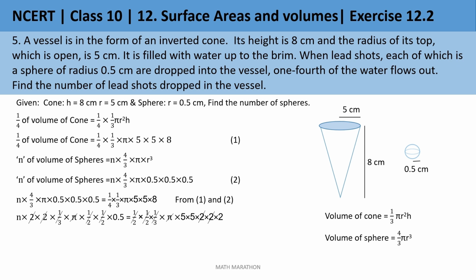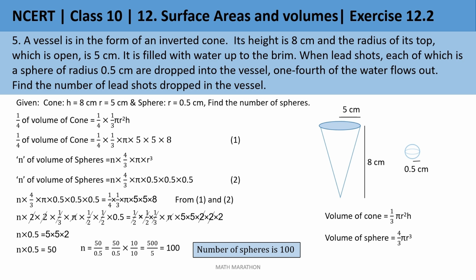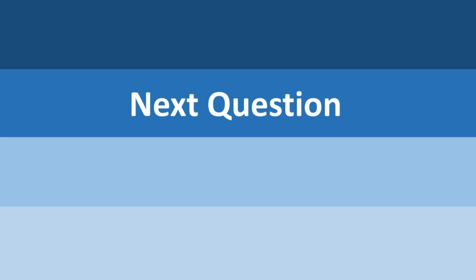Let us divide the equation by 2 multiplied by 2. We can cancel out 2 multiplied by 2. N multiplied by 0.5 is equal to 5 multiplied by 5 multiplied by 2. N multiplied by 0.5 is equal to 50. N is equal to 100. Number of spheres is 100. Let us see next question.